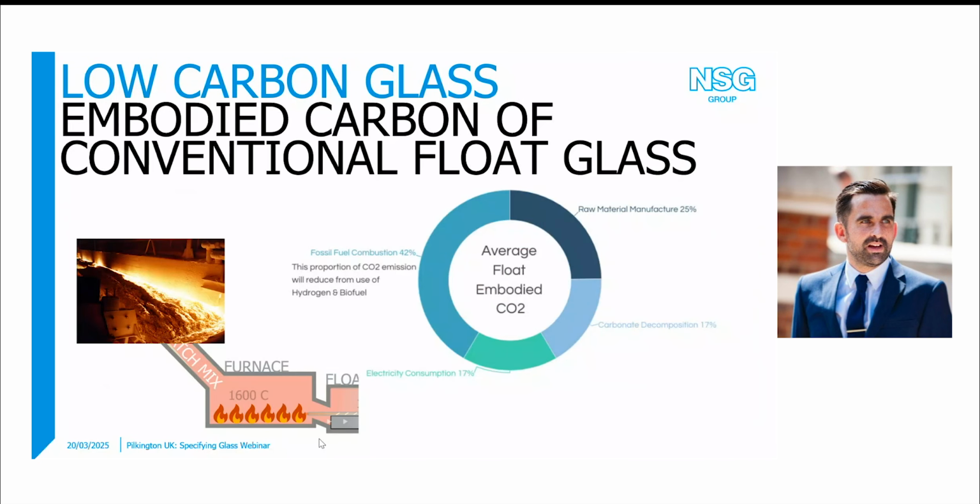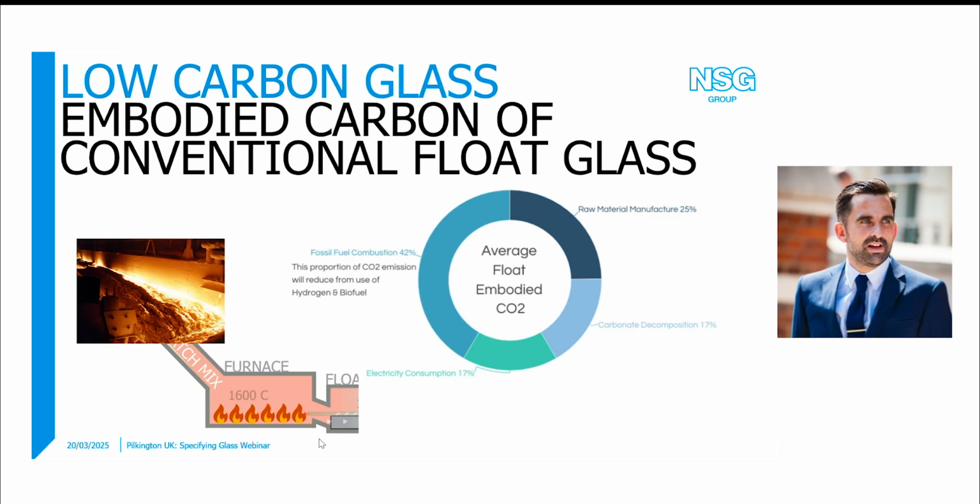So let's first look at the embodied carbon of conventional standard float glass. I have a graph in the center there, the donut-shaped graph. On the left-hand side, you can probably see fossil fuel combustion, and it's significant at 42%.